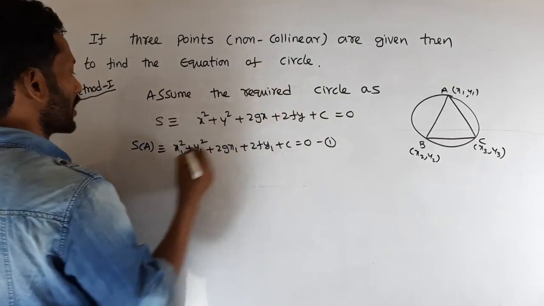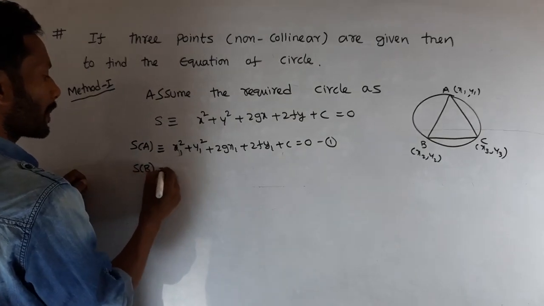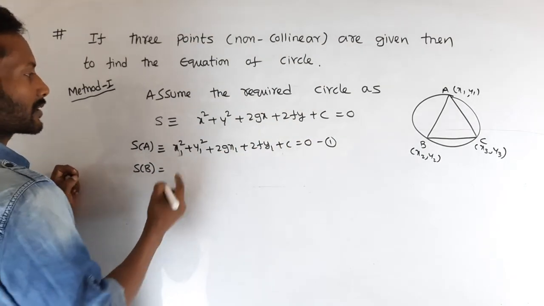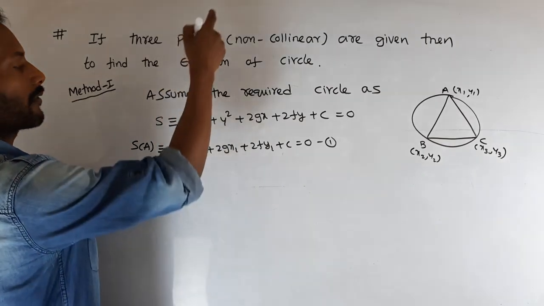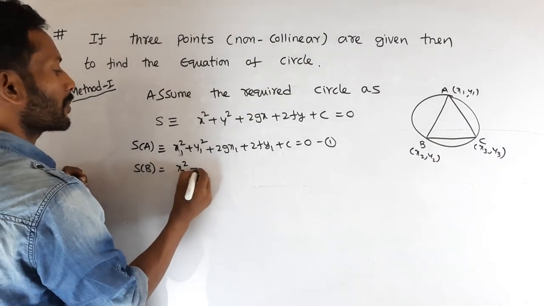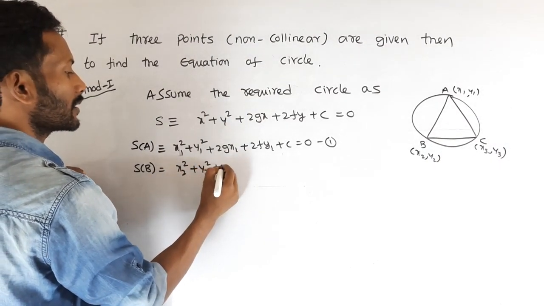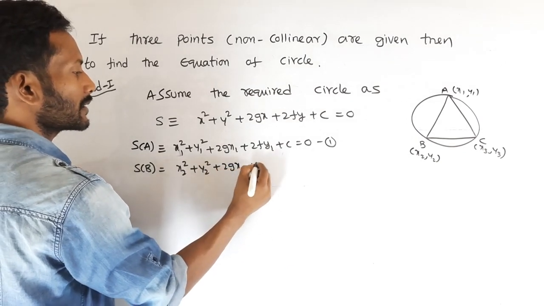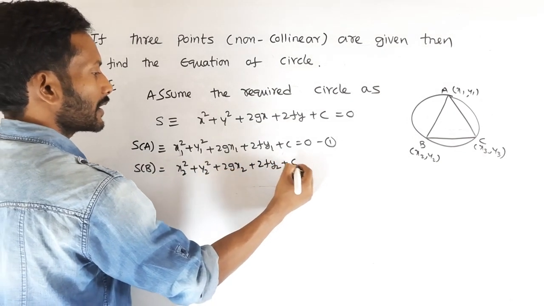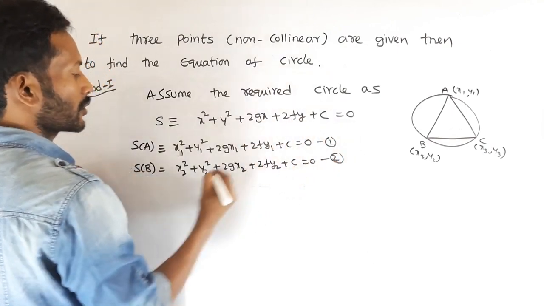Let us say equation 1. S of B, point B (x2, y2), substitute in this circle equation: x2 square plus y2 square plus 2gx2 plus 2fy2 plus c equal to 0. Let us say equation 2.